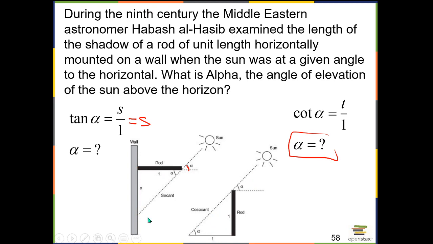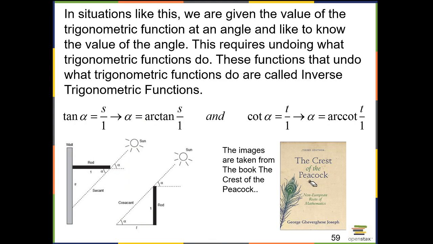And so this is the book. It's called The Crest of the Peacock, by George Joseph. He's an Indian-British writer, and this book is about the non-European roots of mathematics, the history of mathematics. Lots of mathematics was developed in other places than Europe.